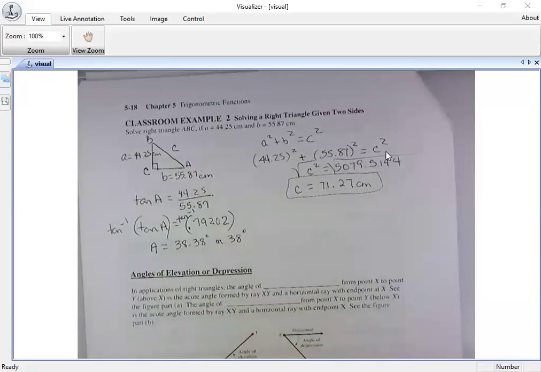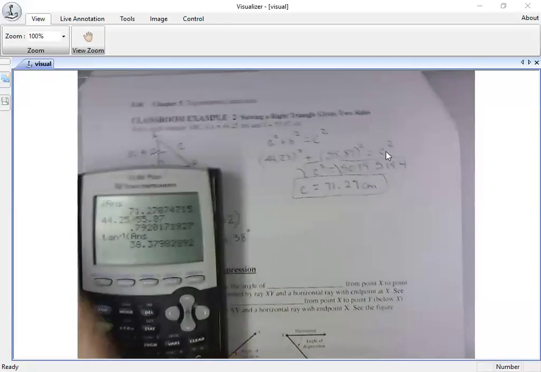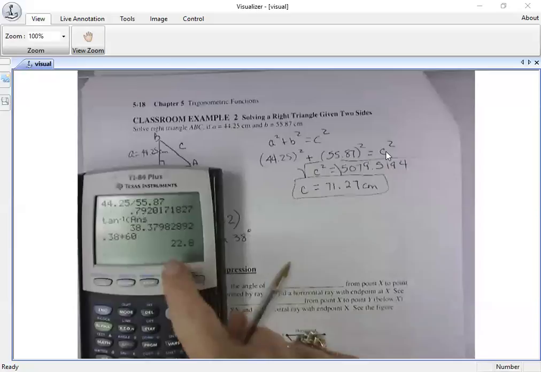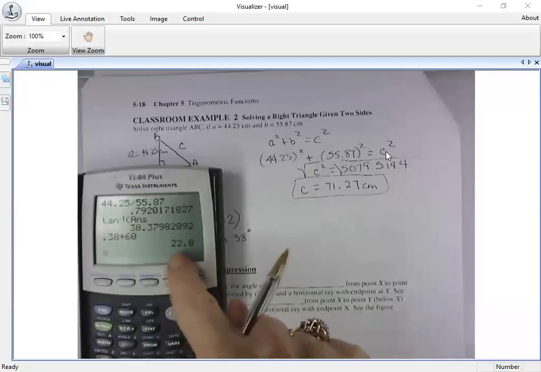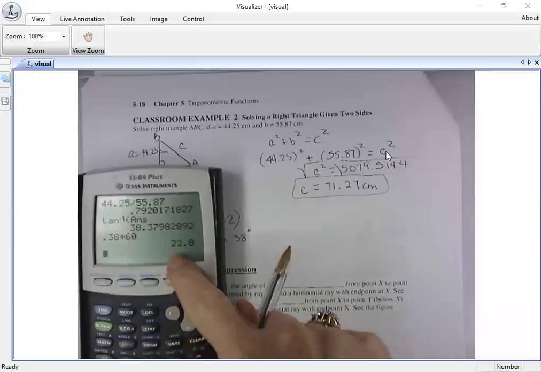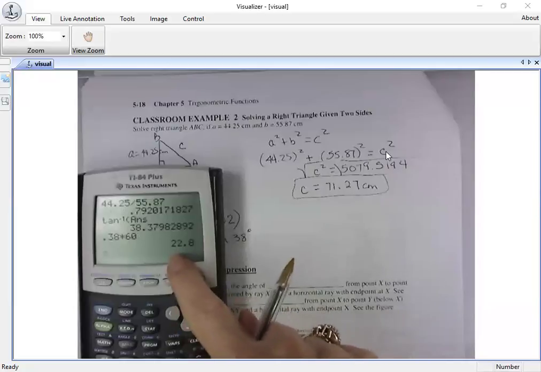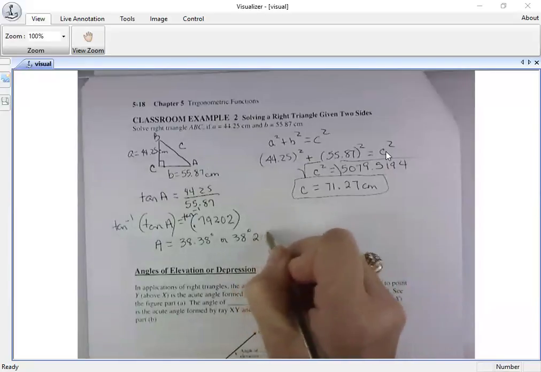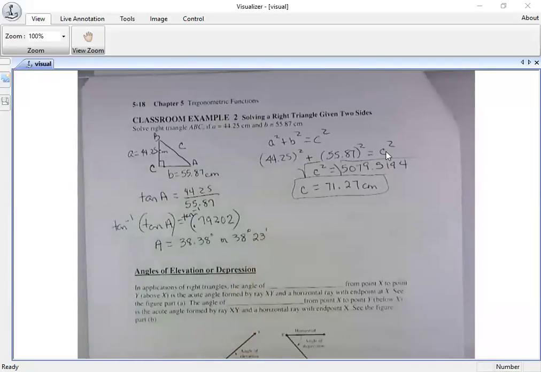Up means I multiply. So in my calculator, I would take 0.38 times 60, and that would give me about how many, because this one I'll have to round to the nearest whole number because I'm trying to figure out how many minutes it is. And that would be 23, there you go, 38 degrees, 23 minutes.